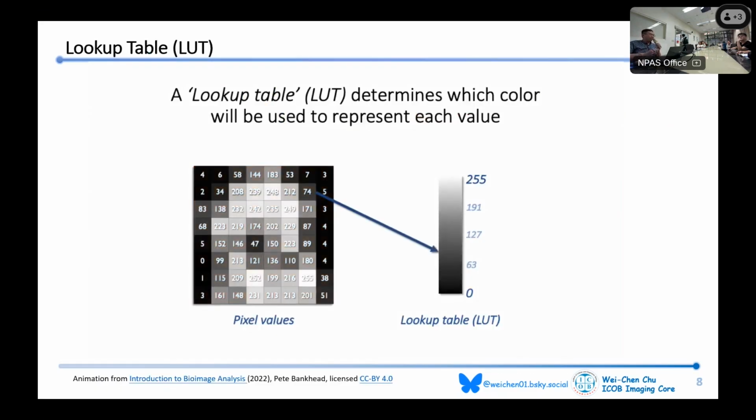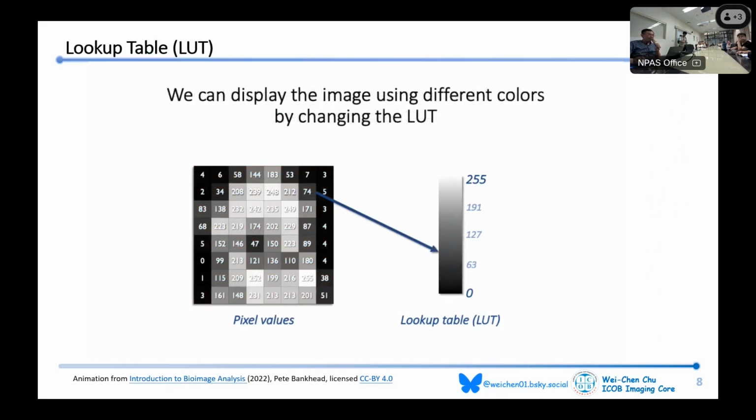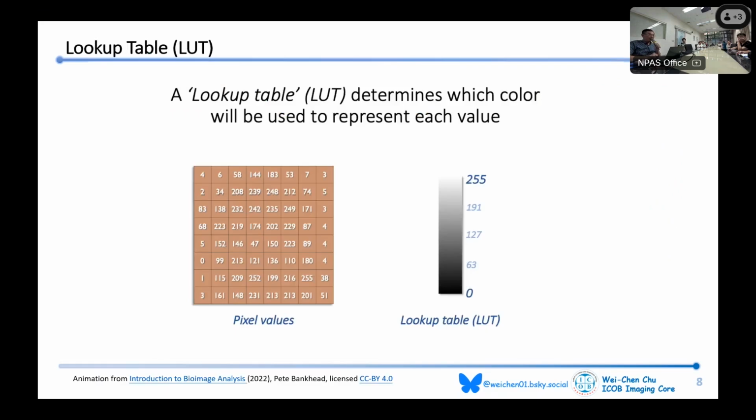Let's talk more about the lookup table. This is one image taken by a camera. The camera got some pixel values, and those pixel values are interpreted into certain presentations through this lookup table.